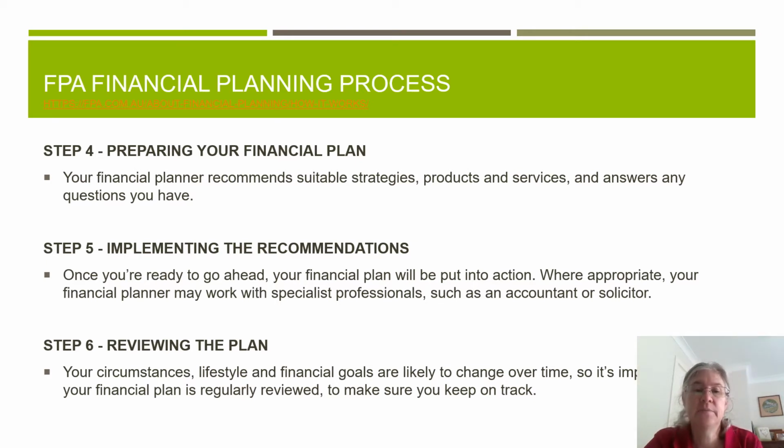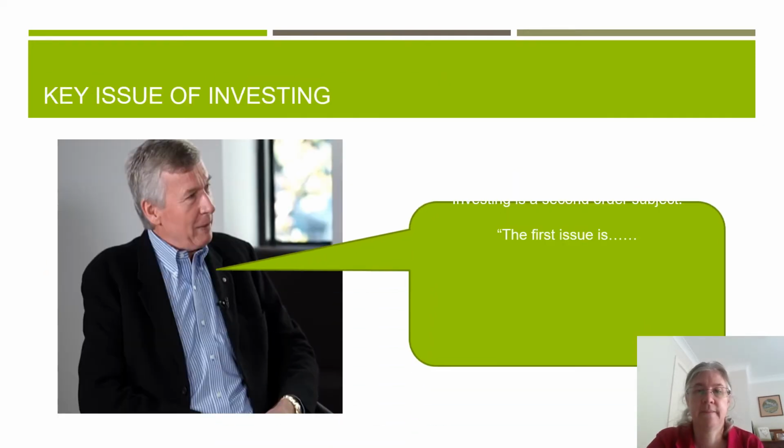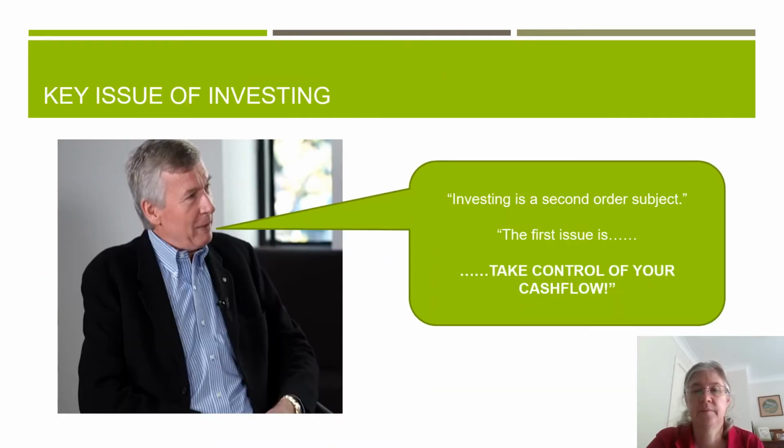And step 6 is reviewing. So it's important that at least every year the investments are reviewed and compared to the goals and to check everything's still on track. So we talked about last week, step 1, making sure everything's in place to be able to invest.